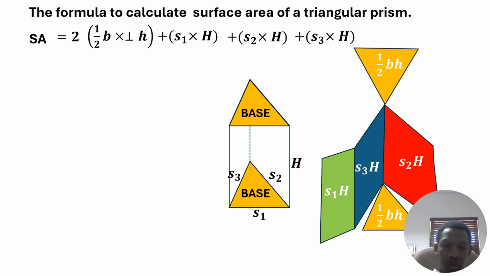So in all, we have 5 faces, as you can see on this net of a triangular prism. We have our two triangles, which give us two areas, and then the third area is S1 by H, the fourth one S3 by H, and the last one S2 by H. So we have 5 areas that we need to add together in order to get the surface area of this prism, right?